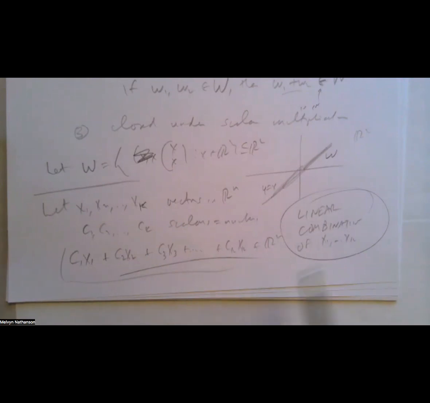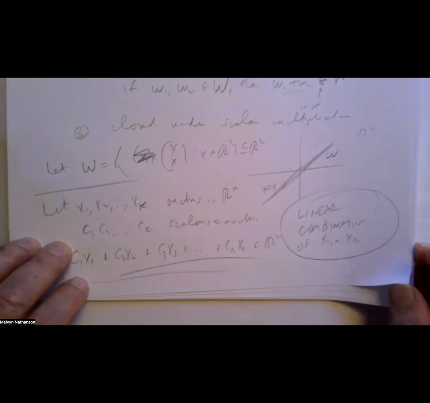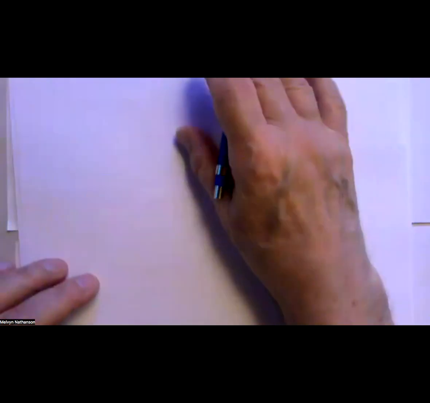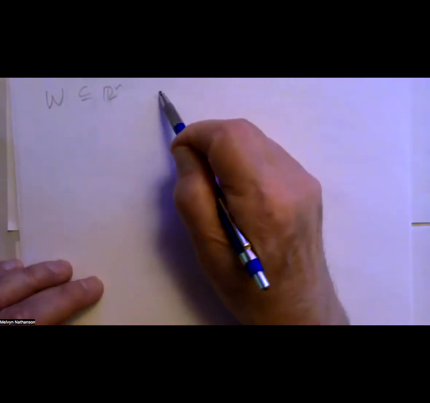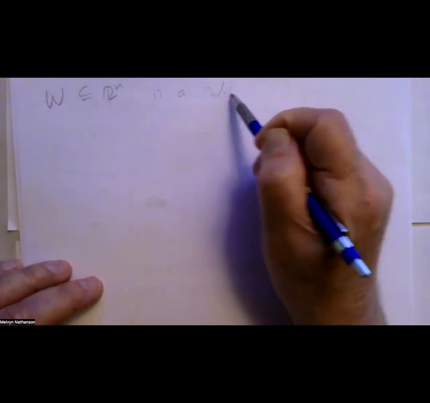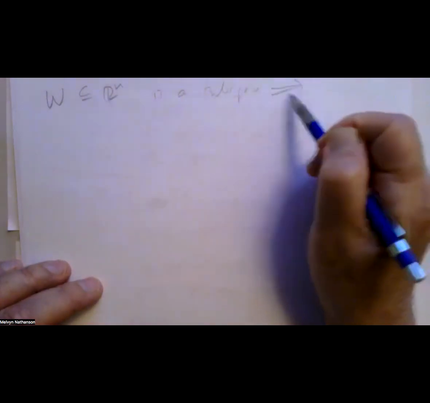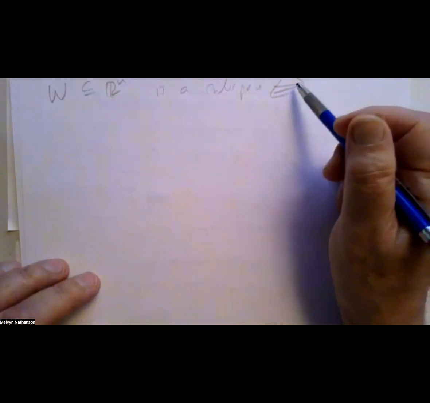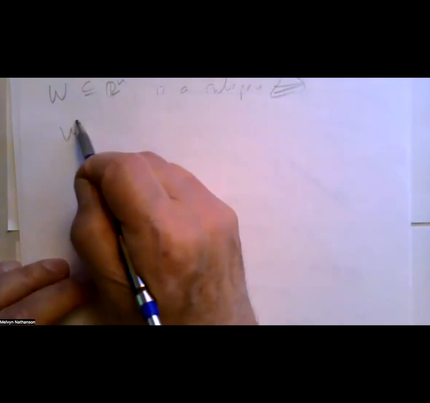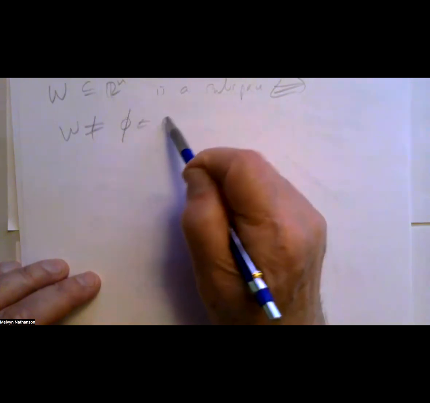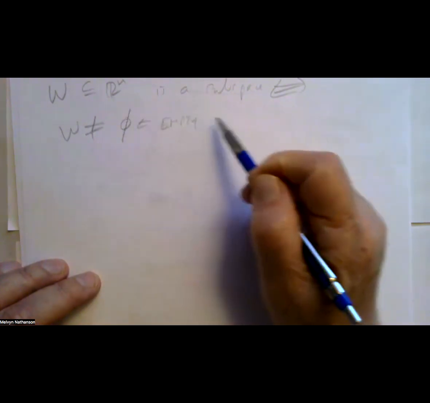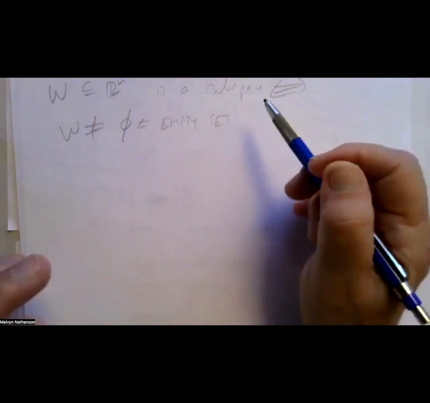And one can prove that a set W contained in Rn is a subspace if and only if W is not empty, where this symbol means the empty set, the set with no vector in it.